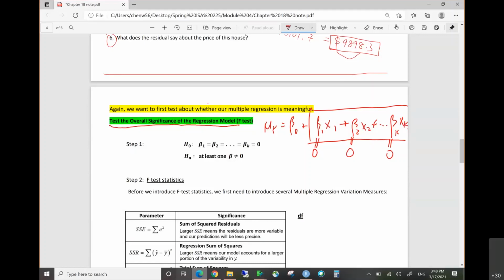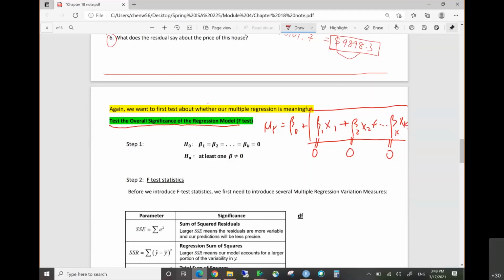So there is no need for us to make the multiple regression. That means this multiple regression is actually not meaningful. You don't need to do anything else because it's just not meaningful.